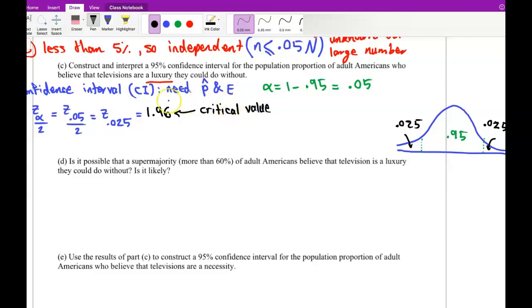Then we should calculate the E. So based on what I have here, I should find E and P hat.